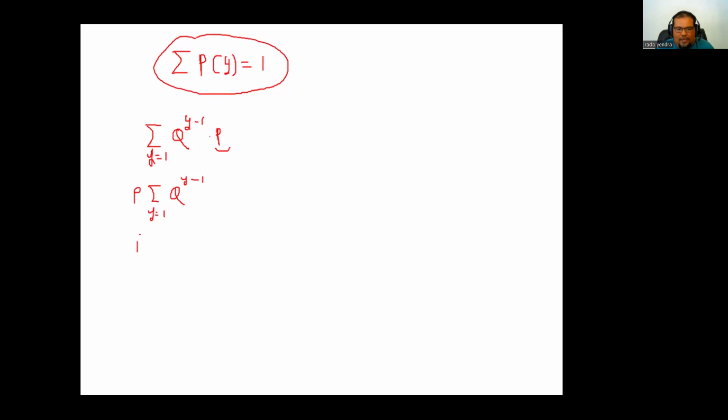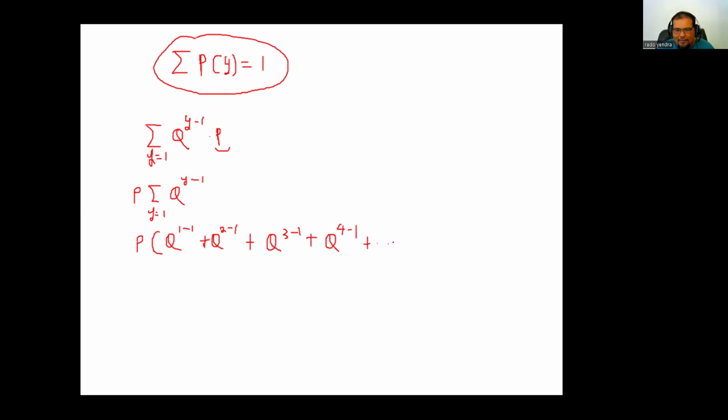We can solve this proof by writing it out like this: q to the power 1 minus 1, plus q to the power 2 minus 1, plus q to the power 3 minus 1, plus q to the power 4 minus 1, and so on.